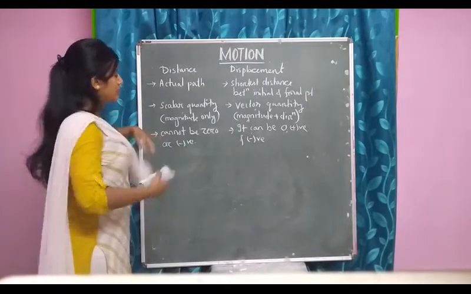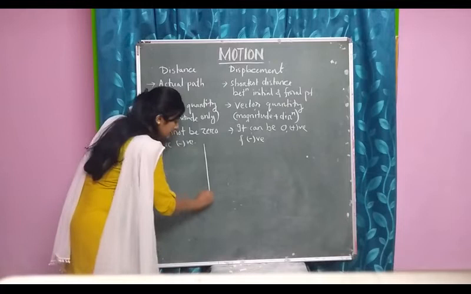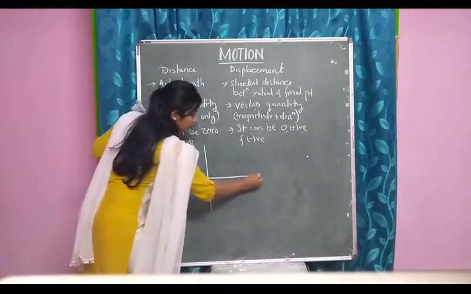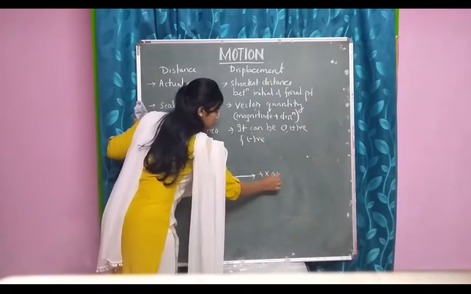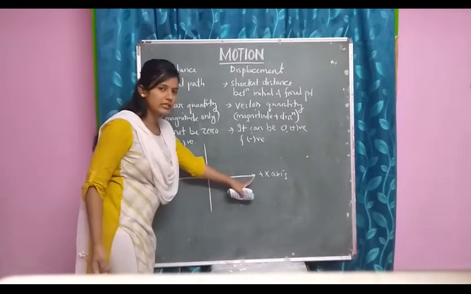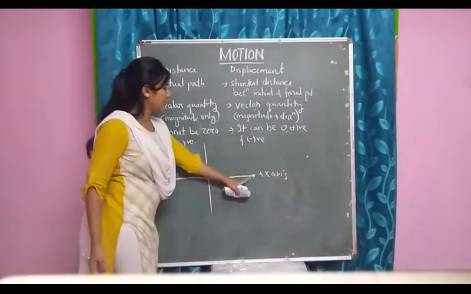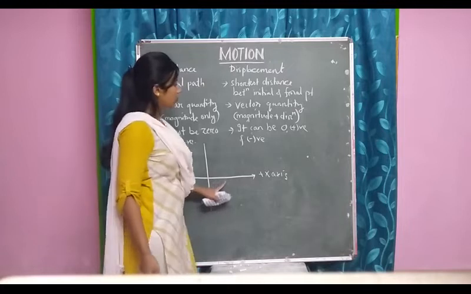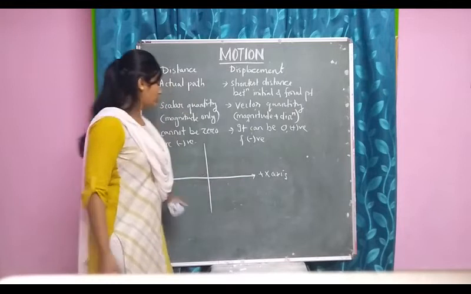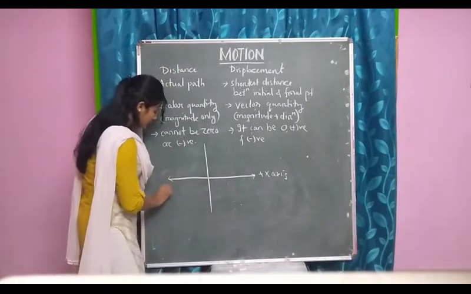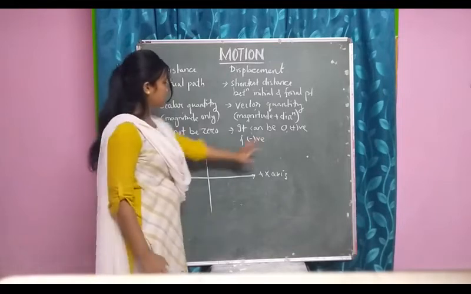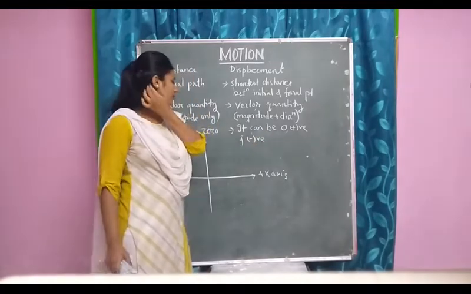Suppose this is my coordinate system and this is our plus x axis. If a body is moving along this direction, we will say the body has positive direction. If the body moves to the left, then displacement can have a negative value.